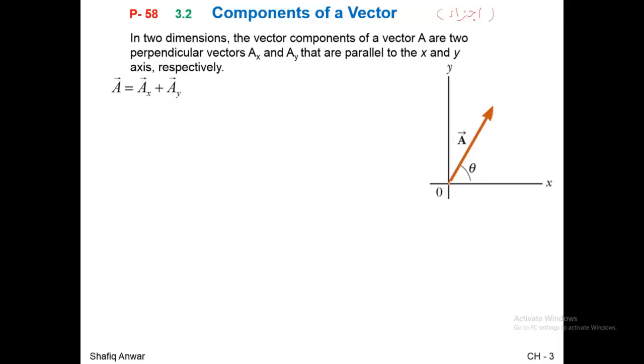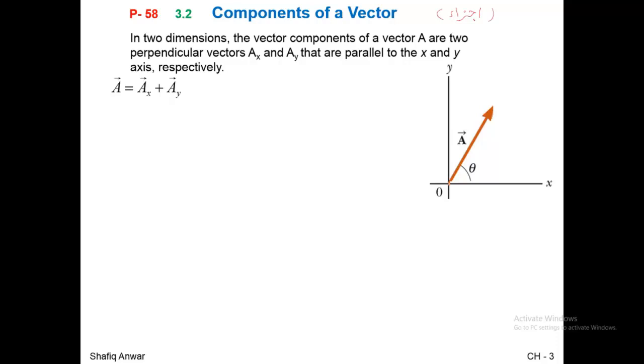One is along the x-axis, just x, and the second one y. All right. Now, for example, you have any vector a. This is the x-axis, y-axis. This is the origin 0, 0. Any vector a making some angle theta with the x-axis.